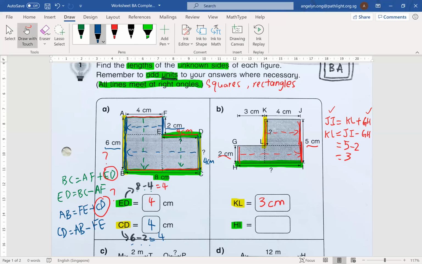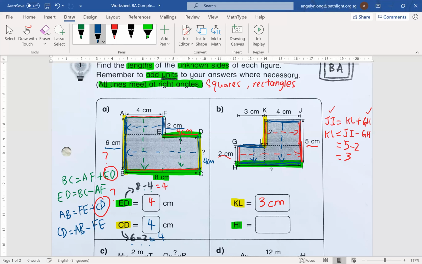Okay, next, let's find HI, which is this long thing. HI can also be broken up into two parts. One, I can take here KJ and bring it down. It'll fit nicely here, this part of HI. And the other part here is actually the same as GL, bring it down. And how long is GL?